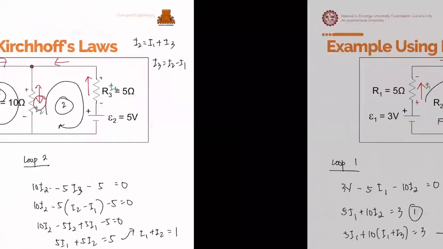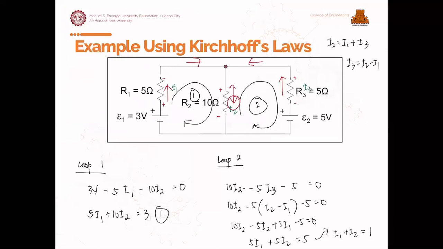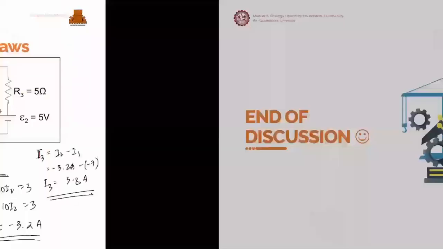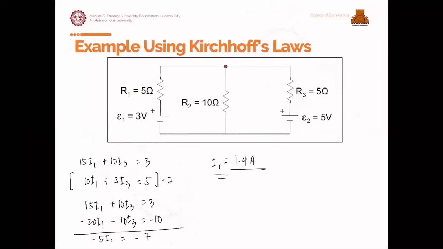Ano yung nasolve natin kanina? Where is it? Oh, sorry. Okay. So I3, be 15I1 plus 10I3 equals to 3. So 15 times 1.4 plus 10 times I3 is equals to 3. So 3 minus 15 times 1.4 divide 10.